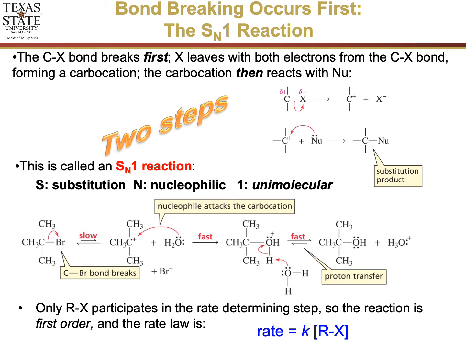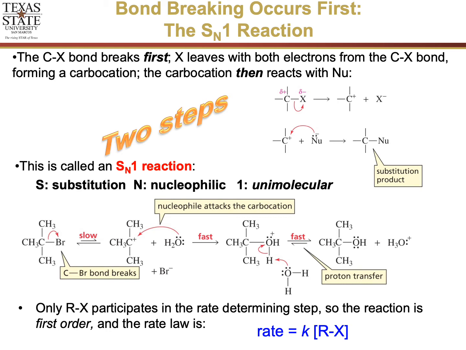Any nucleophile or any lone pair can now react with that carbocation to create a new bond. In this case, we create a charged intermediate. Then any base can come along and deprotonate that charged intermediate to give us our neutral intermediate.